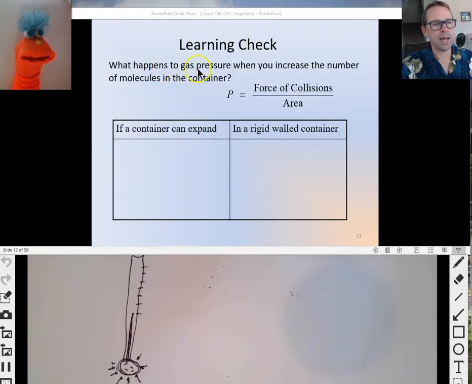Okay, so what happens to gas pressure when you increase the number of moles of gas in the container, or the number of molecules of gas in the container? So if the container can expand and I put more moles into it, what's going to happen, Fred? Let's see. Can expand is like a balloon, right? That's right. So if you put more into it, it's going to get bigger. That's right. But the pressure won't change. Oh, okay, yeah.